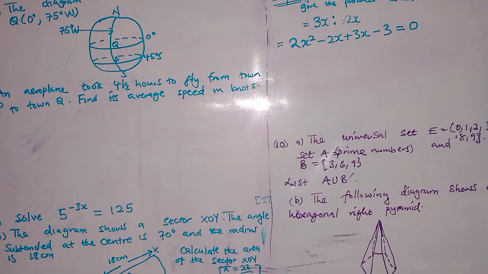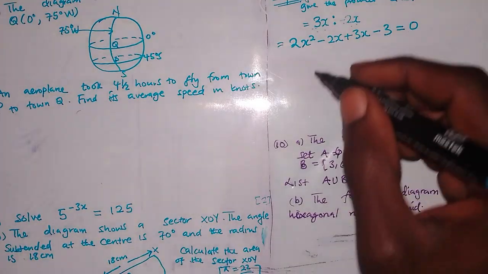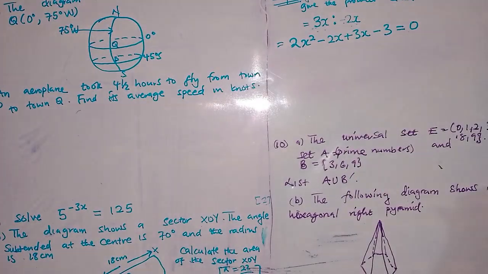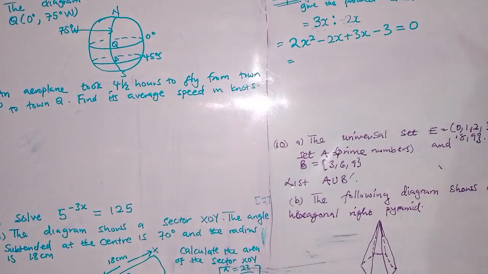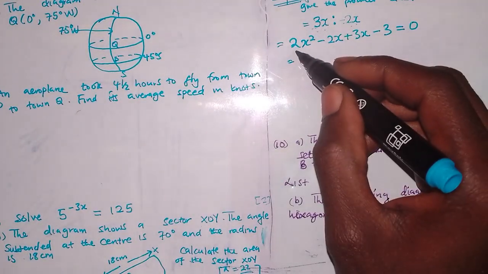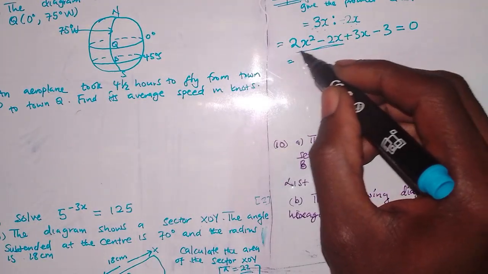This is the same as putting x. Then the next thing is to factorize. Remember what I told you about factorization. First, find what is common. So what is common between these first two terms?